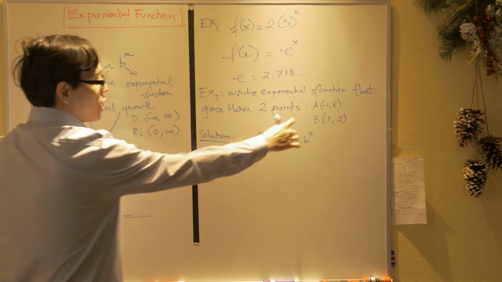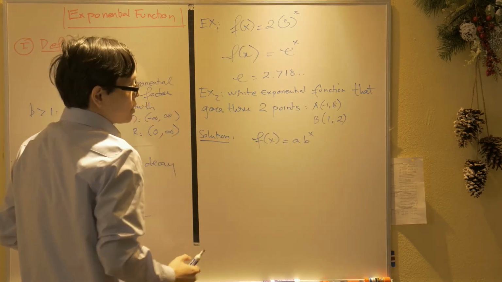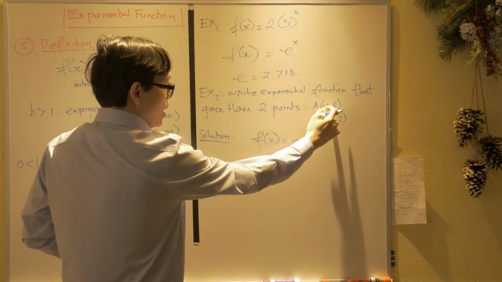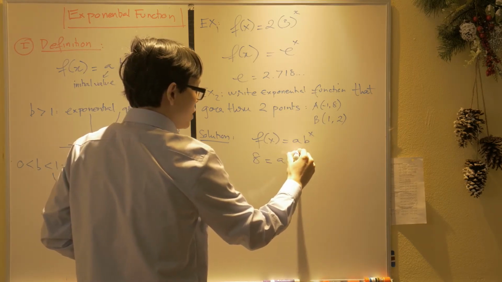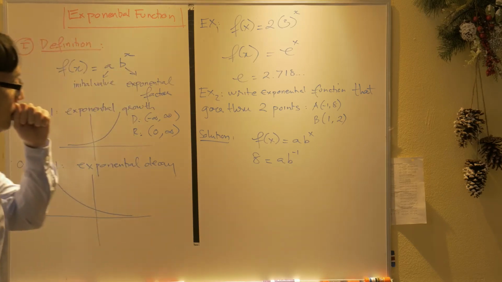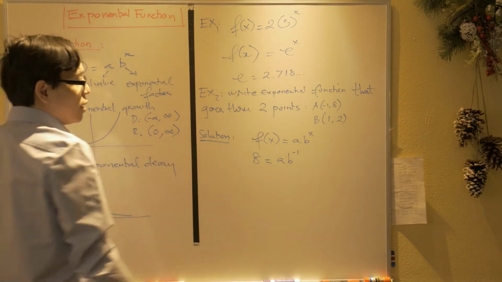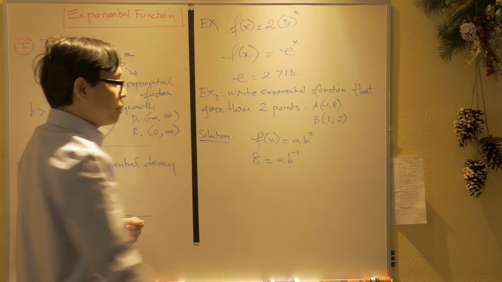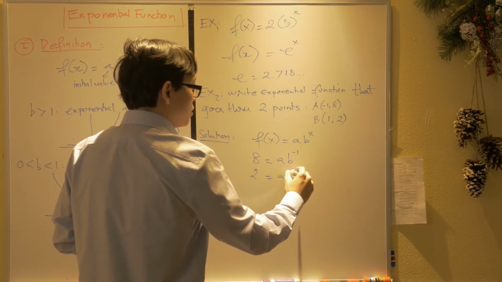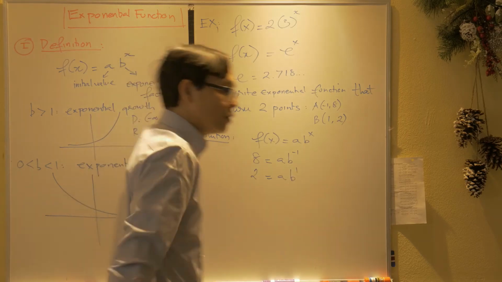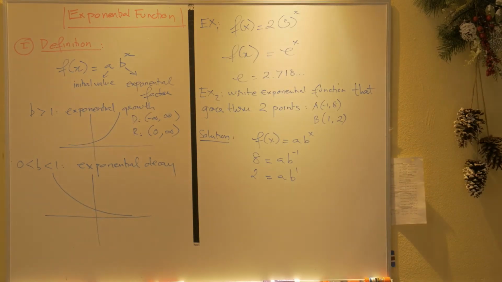So they say that it goes through negative 1, 8, so I can plug them in, right? So 8 equals a, b to the negative 1. Same thing, I use point B, I plug it in: 2 equals a, b to the 1, right? Okay.